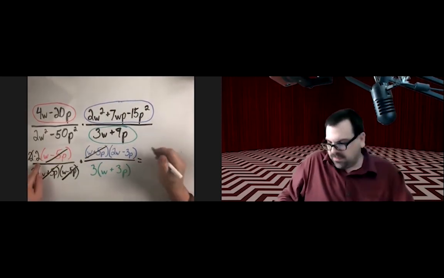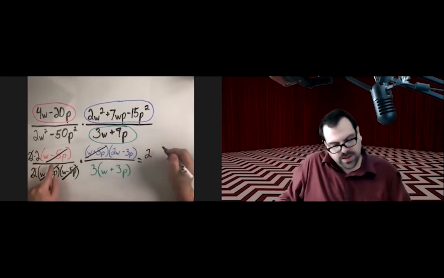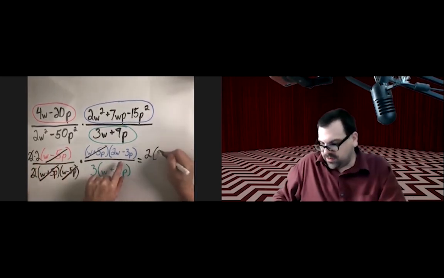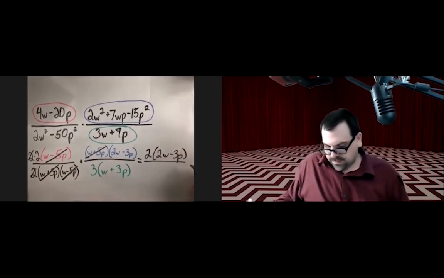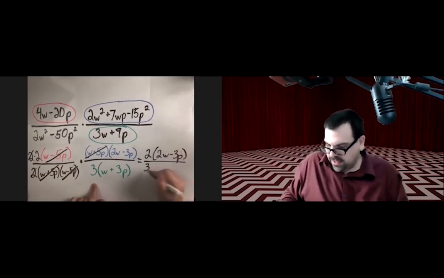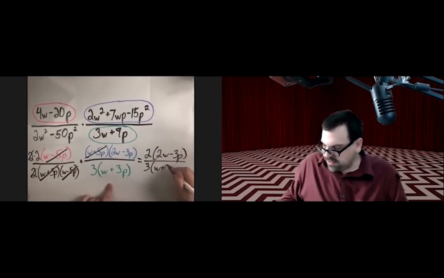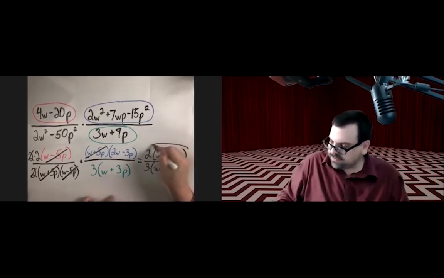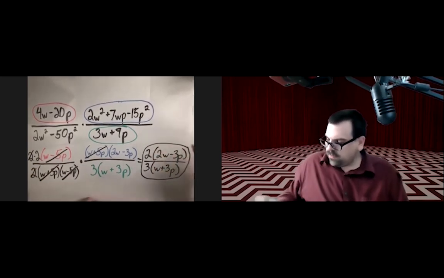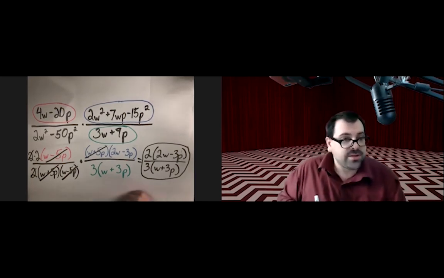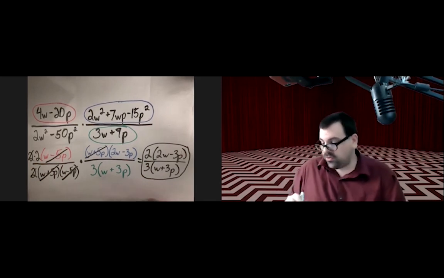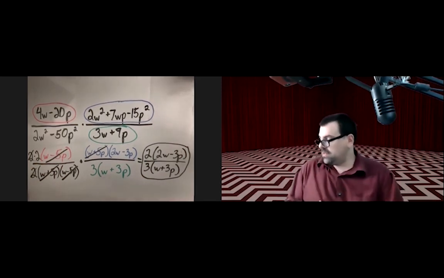We're left with on the top one of the 2's times 2w minus 3p. On the bottom, 3 times w plus 3p. And we wouldn't multiply this back through. We're going to keep this in factored form because that shows that we did reduce this as much as possible. Our answer is 2 times 2w minus 3p over 3 times w plus 3p.